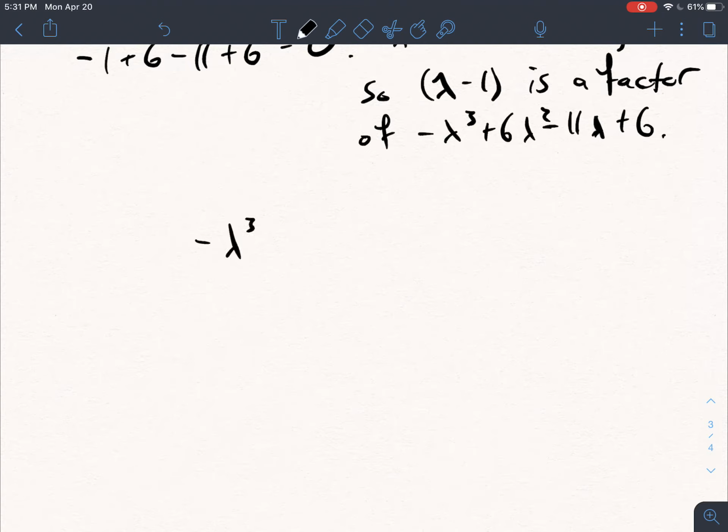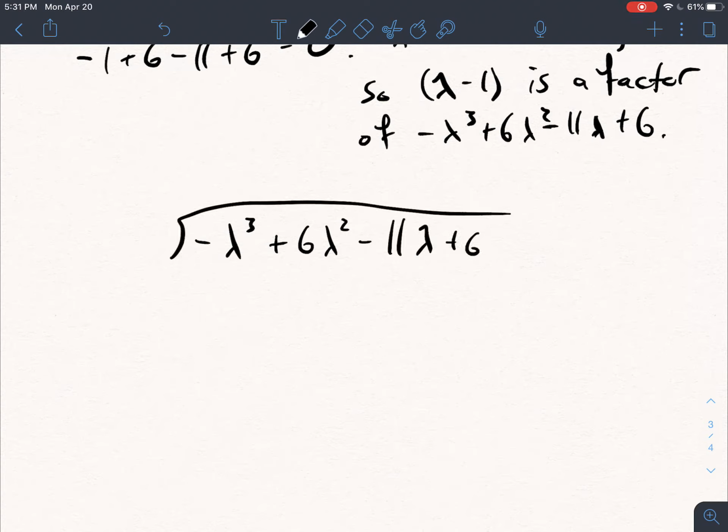So let's do that. Maybe you're not familiar, or maybe you haven't done this in a while since your algebra class, how to do long division of polynomials. So this will maybe be a refresher, or maybe you're learning it for the first time. Hopefully not. Okay, so what do we do?